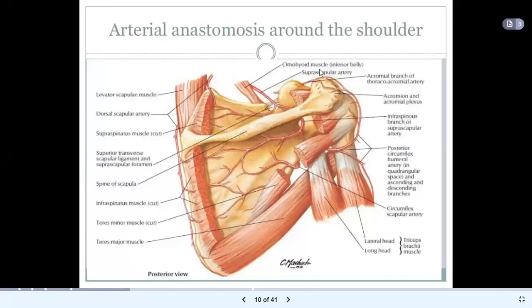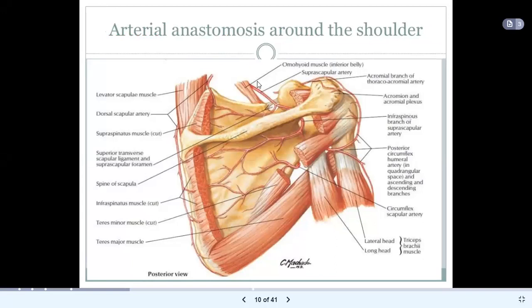So this picture is showing you the shoulder joint. And this blood vessel here is called the suprascapular artery, which is a branch of the subclavian artery.